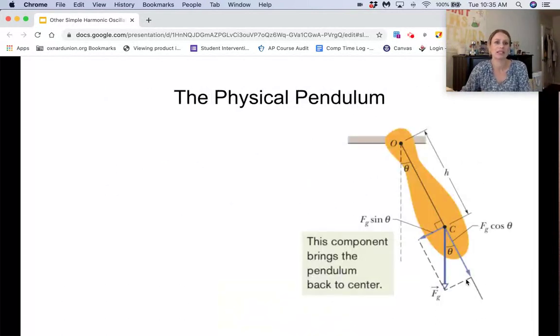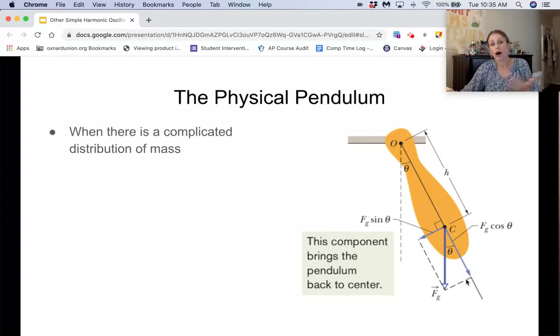And then last but not least, we have something called a physical pendulum. So this is not a pendulum bob at the end of a massless string. Here we have something like a pen swinging back and forth from the end, or any object swinging back and forth in periodic motion.